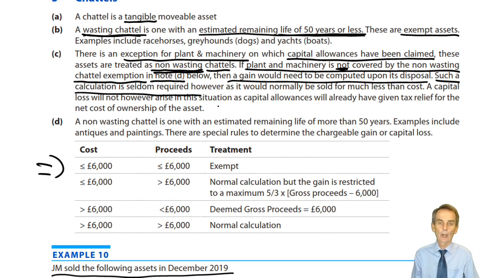Now, it's not unfair. The reason why there is no allowable loss is that this asset, remember, the plant and machinery, has already ranked for capital allowances. So in the capital allowance computation for the business concerned, you put in an original 100,000 cost to that capital allowance computation.